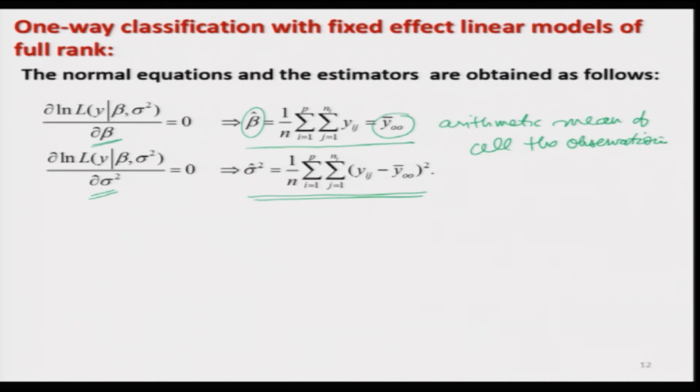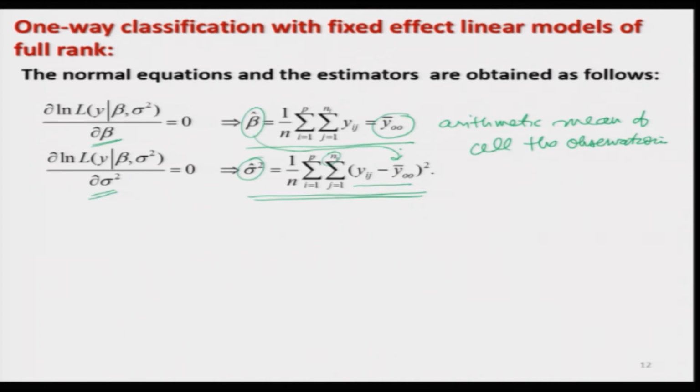And when you try to differentiate the log likelihood with respect to sigma square, put it equal to 0, and do similar algebra, you will get the value of sigma square hat equal to 1 upon n double summation i goes from 1 to p, j goes from 1 to n_i, (y_ij minus y bar naught naught) whole square, where now you know how this y bar naught naught is coming, because we are trying to replace the unknown beta by beta hat as we did in the case of the likelihood ratio test.